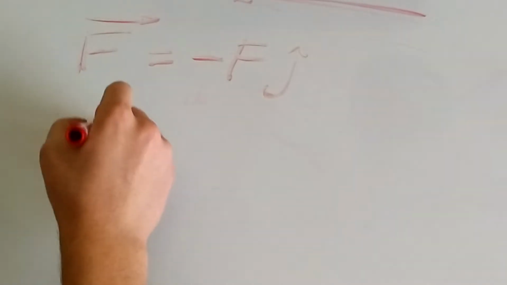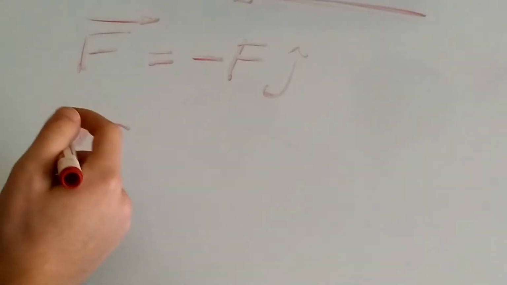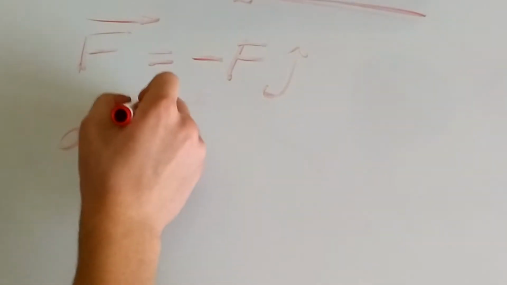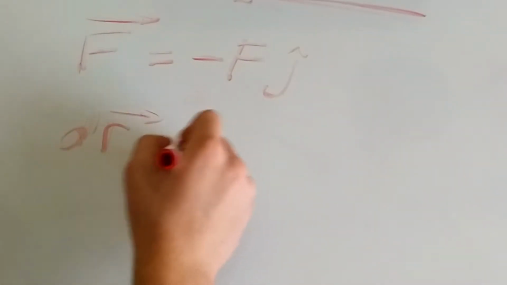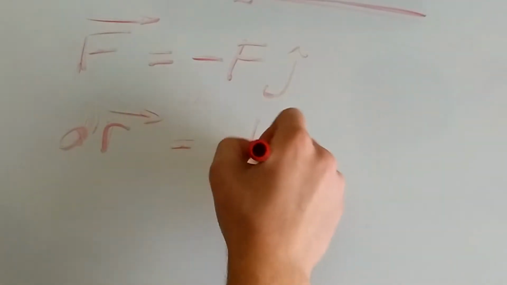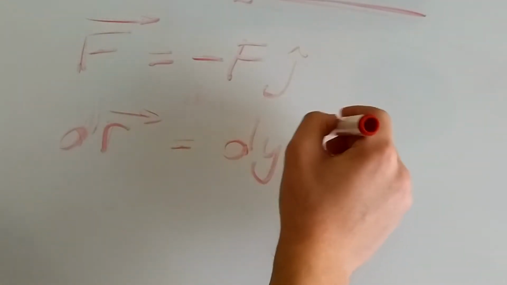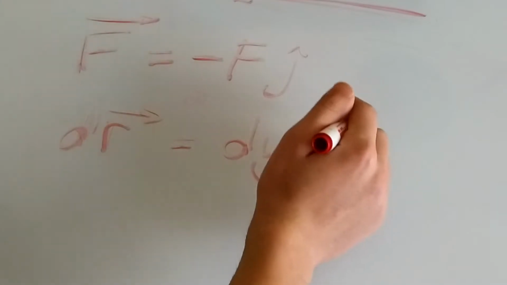I will explain all of this in just a moment. And the displacement of the piston, dr, where r is a vector, is going to be equal to dy times also j.